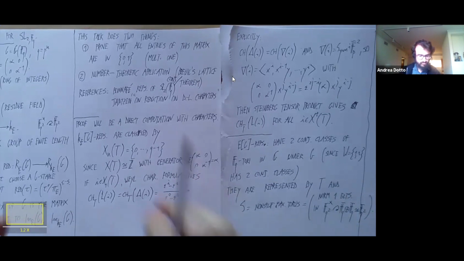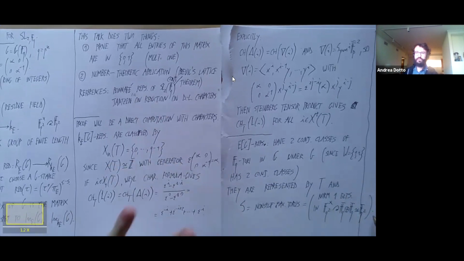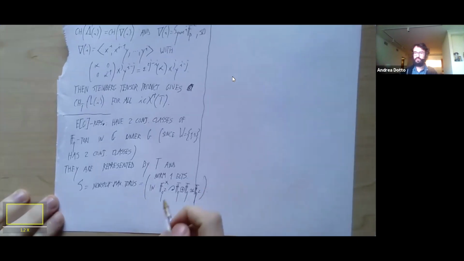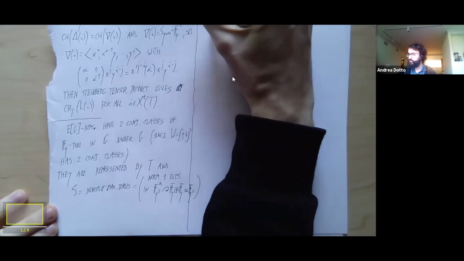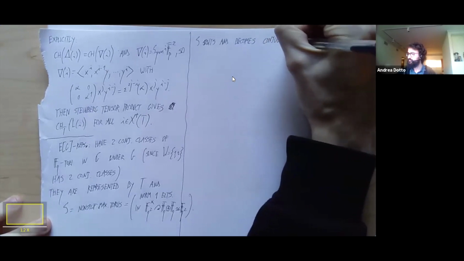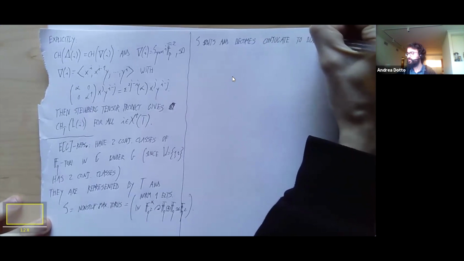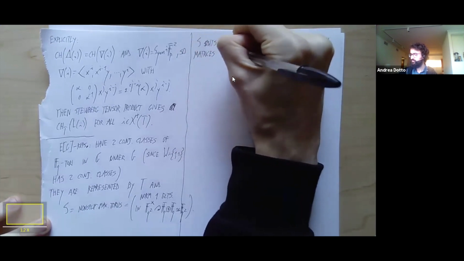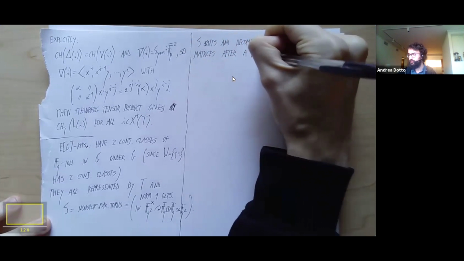So strictly speaking, this is just giving you a conjugacy class of tori, but you can just fix one by choosing such an identification of F_q plus F_q with F_{q^2}. And just to make things even more concrete, this is going to be a cyclic group of order q+1, and it becomes conjugate to diagonal matrices after a quadratic extension. So over F_{q^2}.